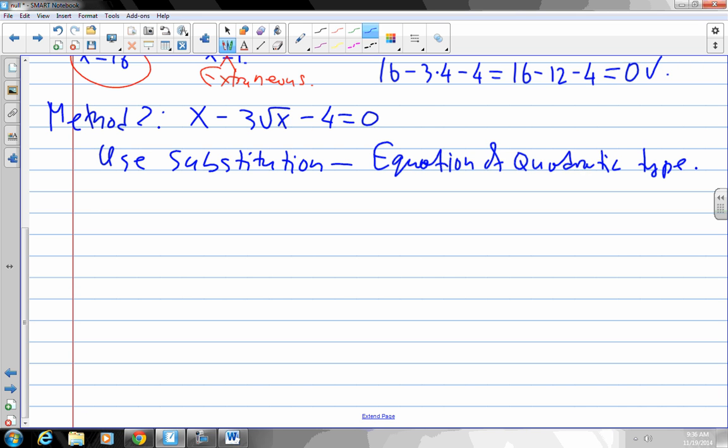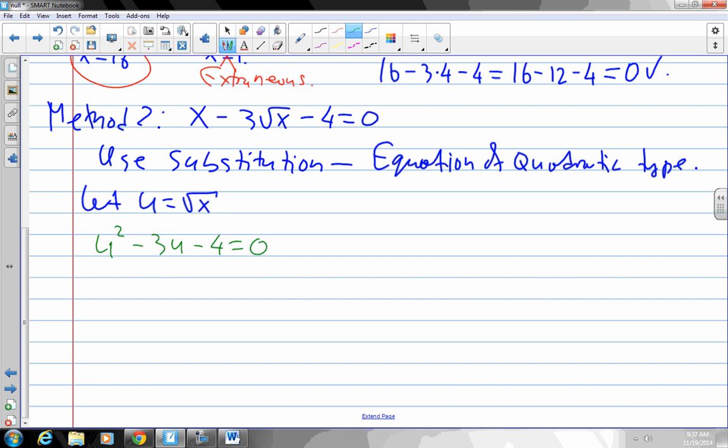And if I let u equal the square root of x, and I replace every square root of x with u, I'll get u squared minus 3u minus 4 equals 0, right?